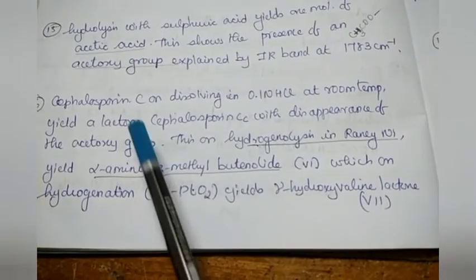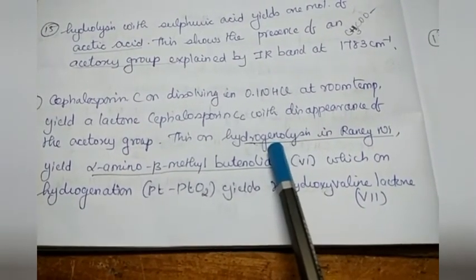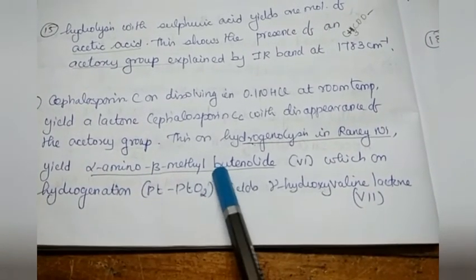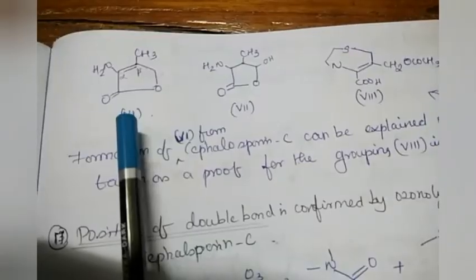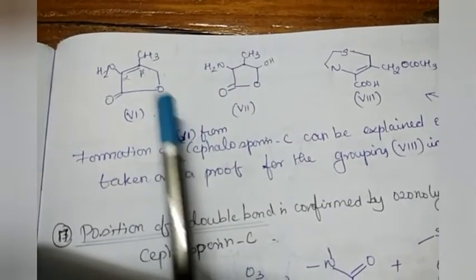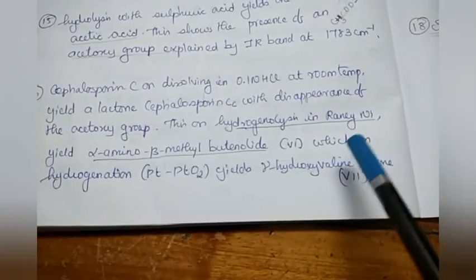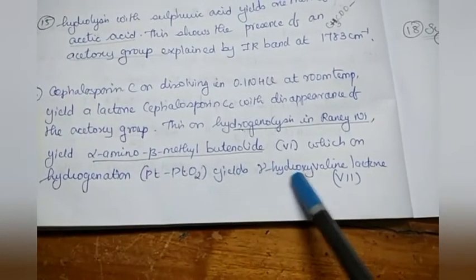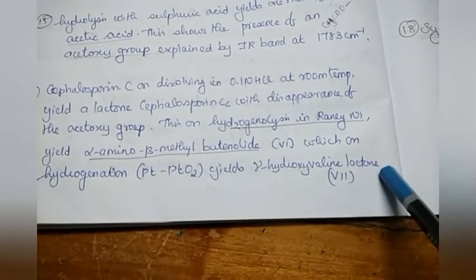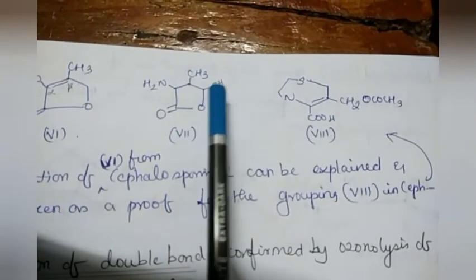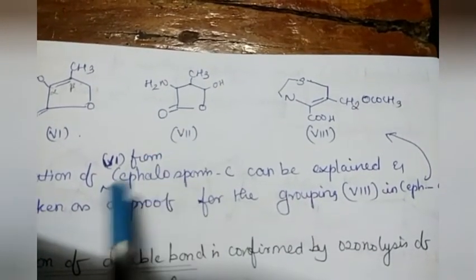This lactone on hydrogenolysis with Raney nickel gives alpha amino beta methyl butenolide. And this on hydrogenation yields gamma hydroxyvaline lactone.